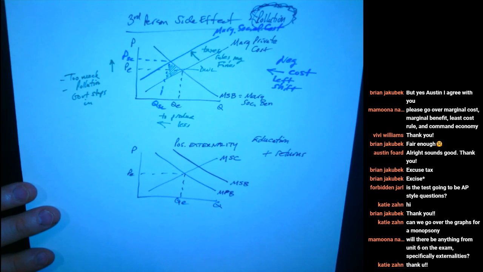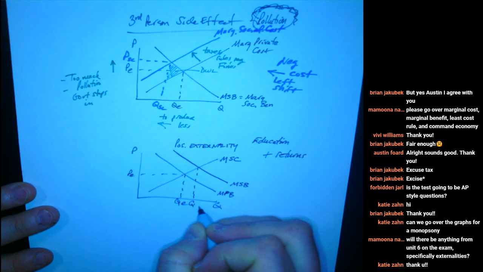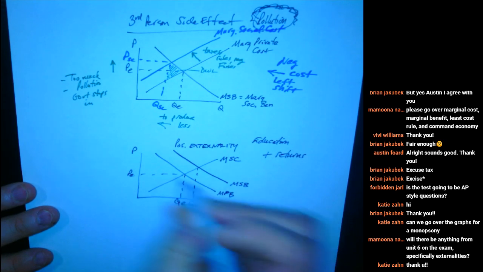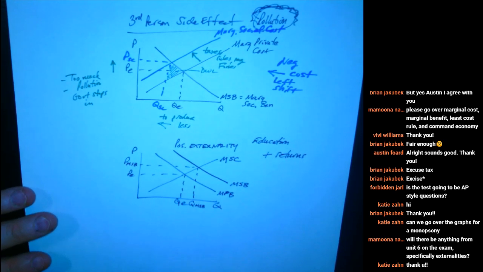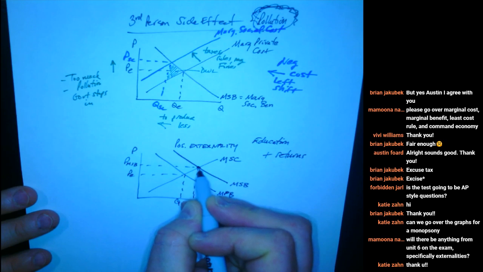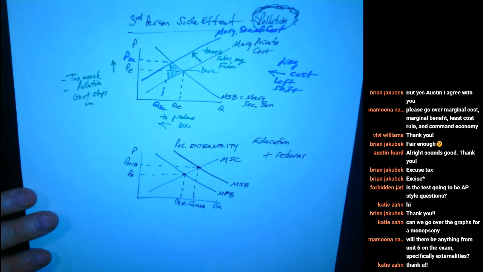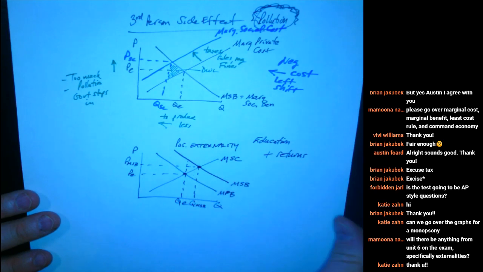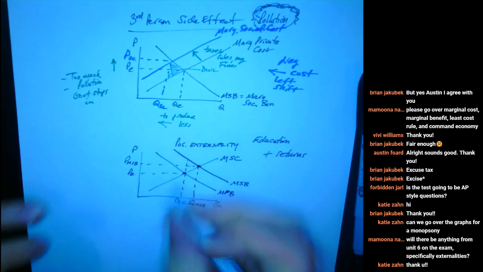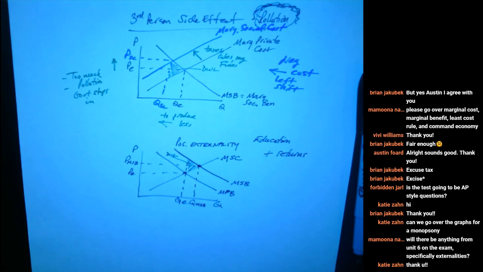So a positive externality is to benefit all of society. However, the problem is, okay, here's our quantity of MSB. Here's our price of MSB. The problem is that we are underproducing. Okay, we need to produce here where people want education, but we're producing here. So first of all, a couple things. We have, you got it, dead weight loss, inefficiency, right there.